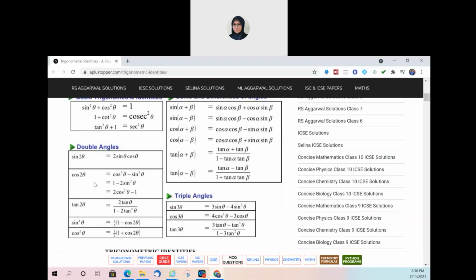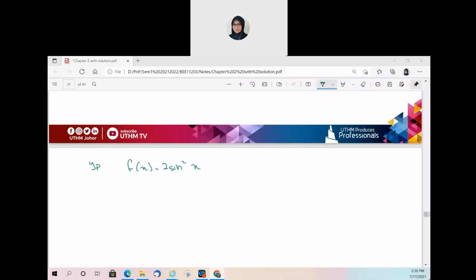Cos 2 theta equals to 1 minus 2 sin square theta. Then we will use this one. So dekat situ kita ada cos 2x equals to 1 minus 2 sin square x.